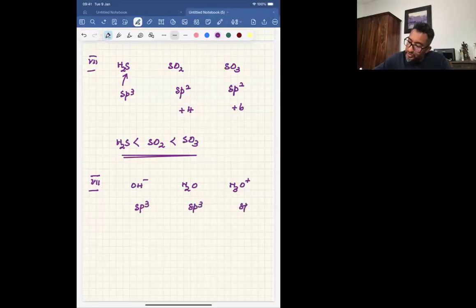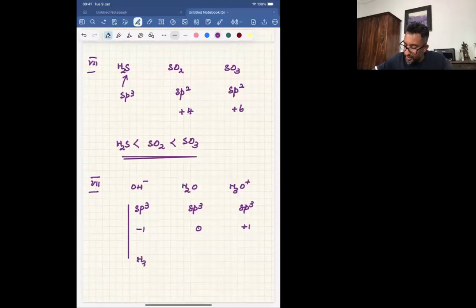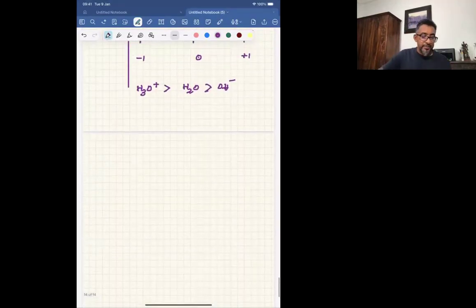This oxygen is also sp3. Now, from sp3 alone, you can't say anything, so you need to get the next one. Here the charge is -1, here the charge is 0, here the charge is +1. Therefore, H3O plus is the most electronegative. Then comes water. Then comes OH minus, hydroxide. Right, okay. Now let's look at the next one.